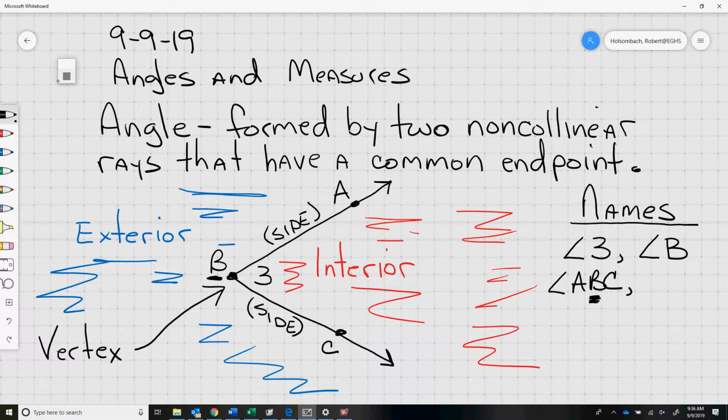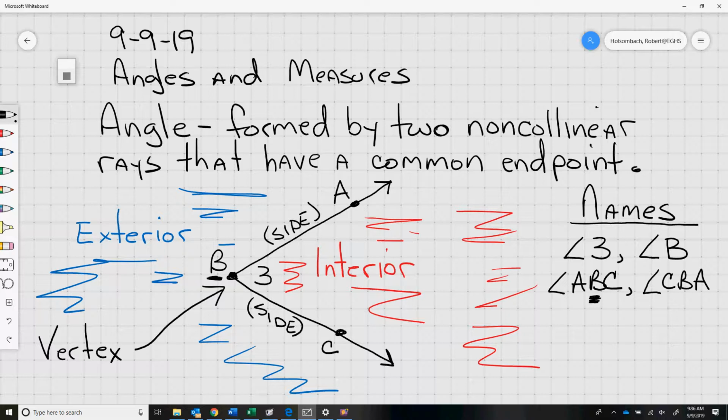You can also call this angle CBA. Does that make sense to everybody? Alright, very good.